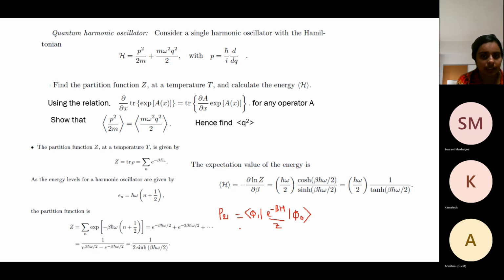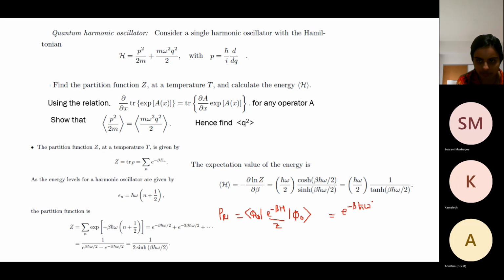Now what will be the diagonal term? Suppose we have to find rho 0, okay, so this is 1, 1 maybe. What will the value be then? We will take the first value, so it would be e to the power minus beta h cut omega by 2.